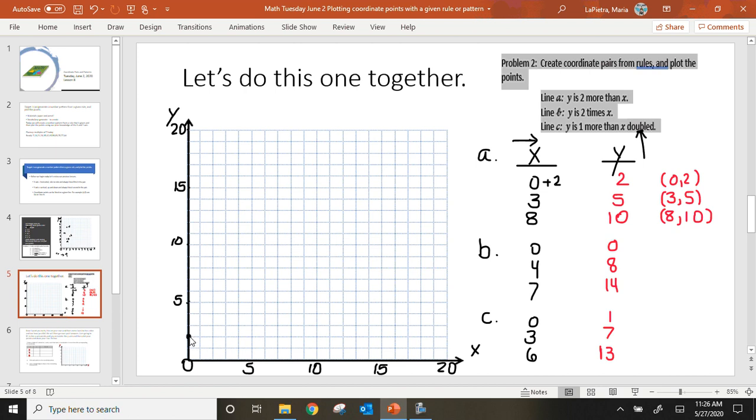So here's that one. The next one is over 3, up to 5. And my last one for A is over 8, up to 10.